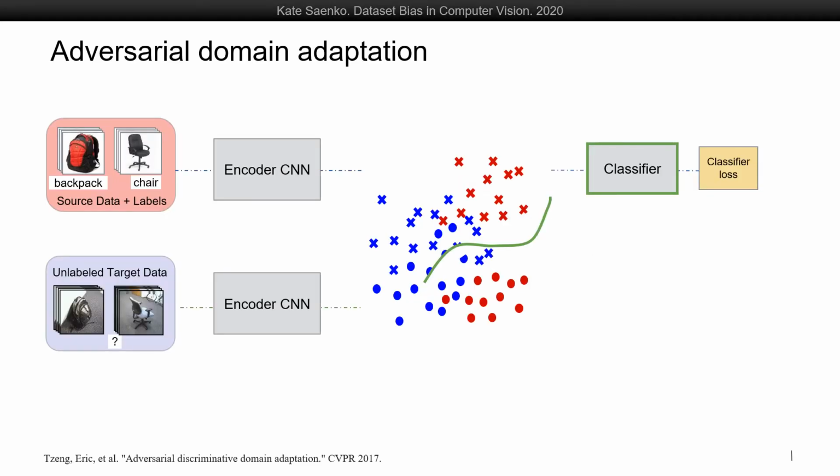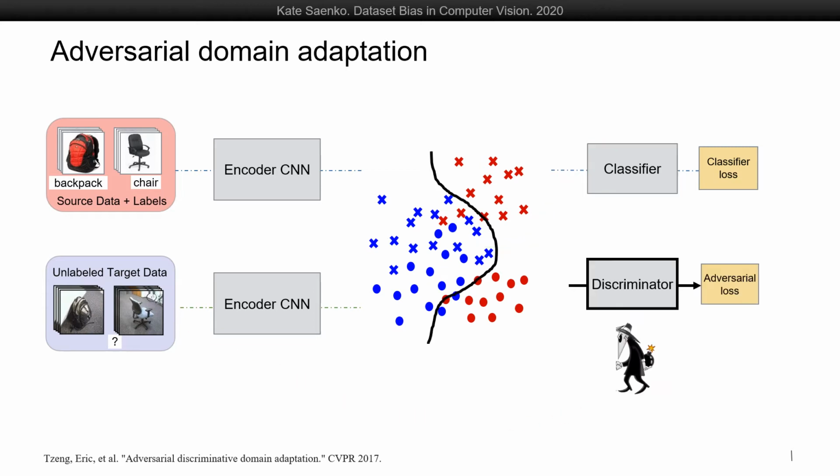In adversarial domain adaptation, we're going to do that by introducing another classifier. We call it the domain discriminator. This is the domain discriminator, and this classifier is going to take features being predicted by the encoder, and it's going to try to label them according to which domain they're coming from. So it's going to have a binary label it's predicting.